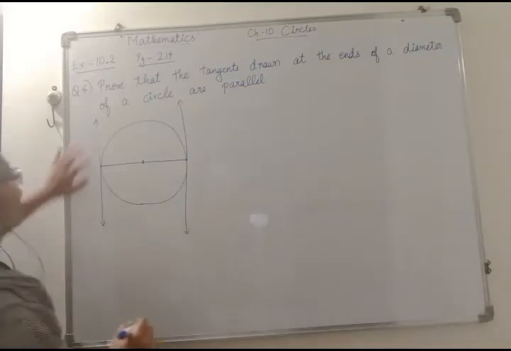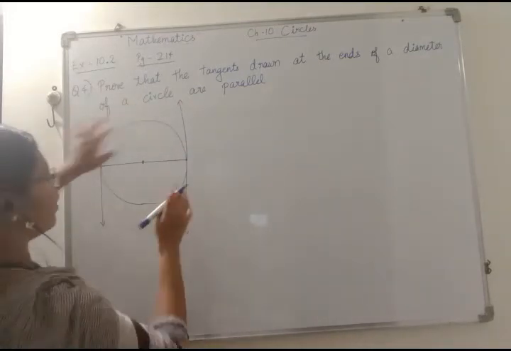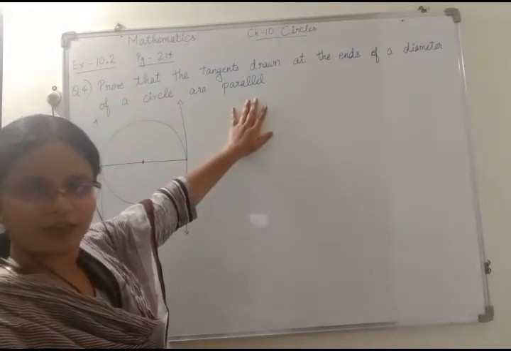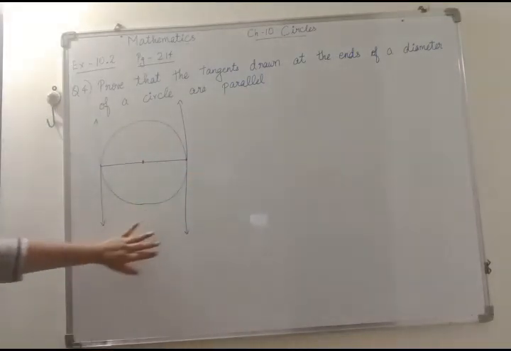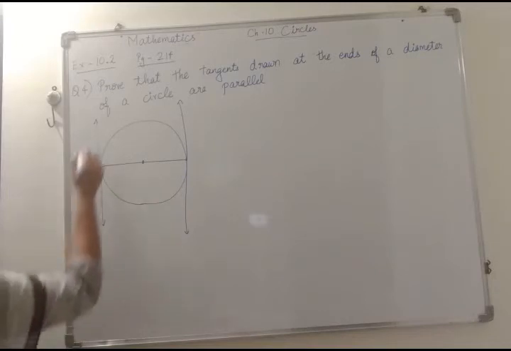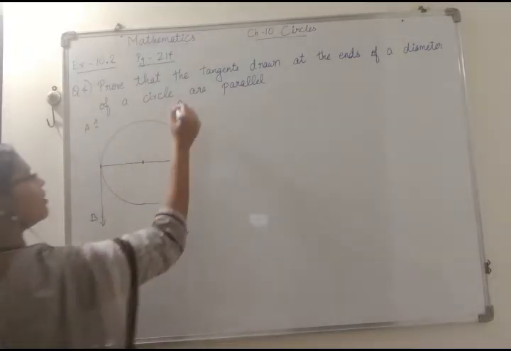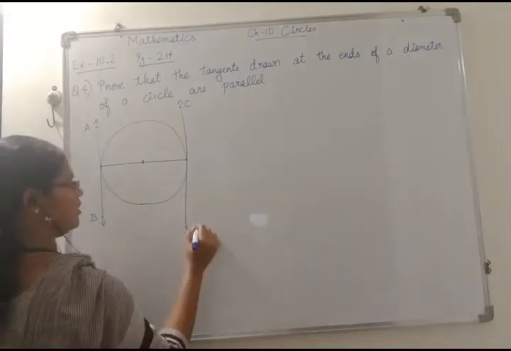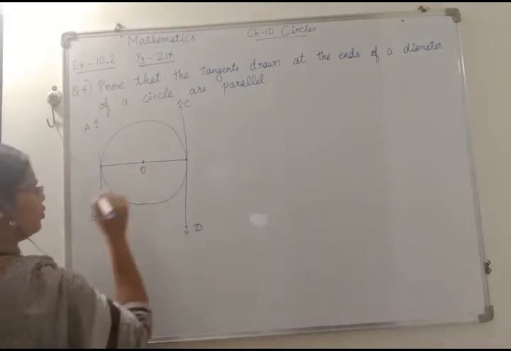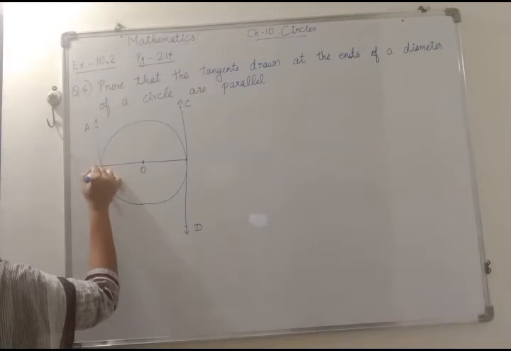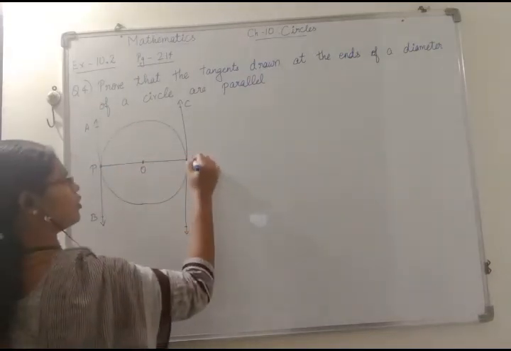We have to prove that these two are parallel. So this is our diagram. Let's name the tangents AB and CD, with points of contact P and Q.